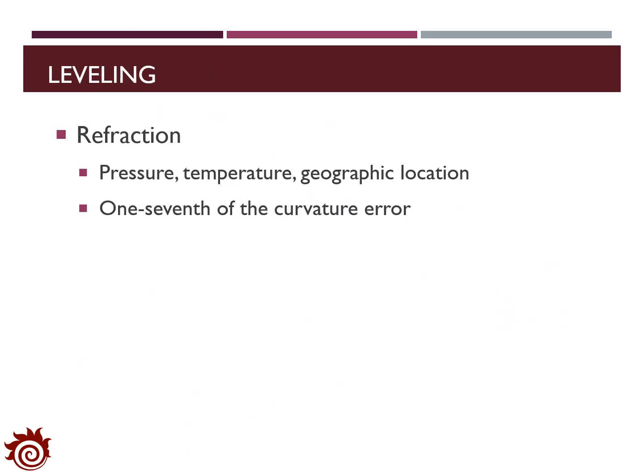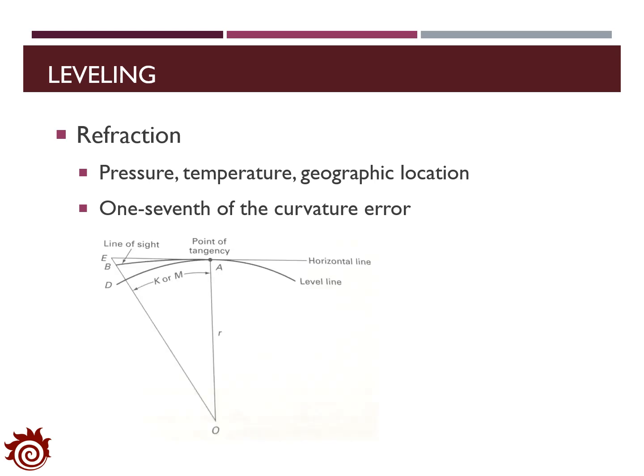The second error we'll consider is the term caused by the atmospheric refraction. This one will usually change the line of sight for the measurement. Ideally, the line of sight should be in a straight line, and it will be the same as the horizontal line at point A. However, due to the air pressure, temperature, or geographic location, the true line of sight becomes a curve, which will be shown as A to E in this figure.